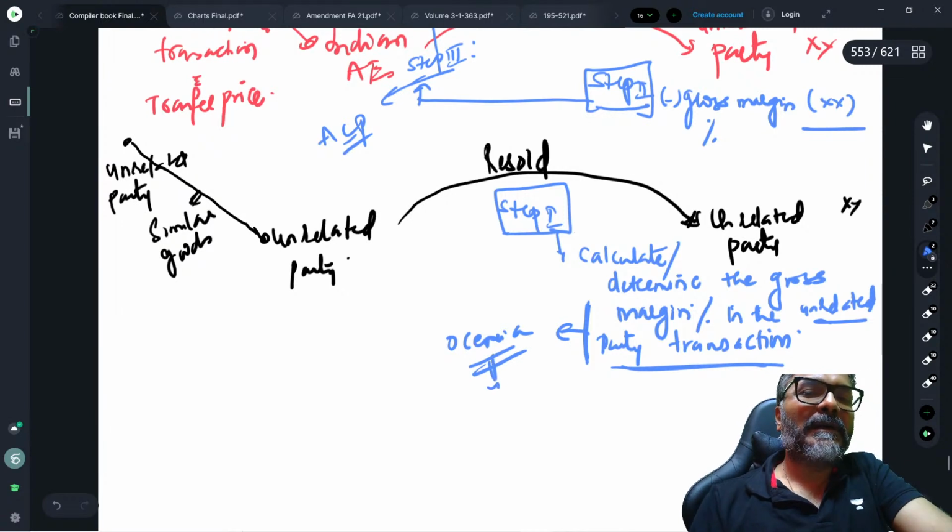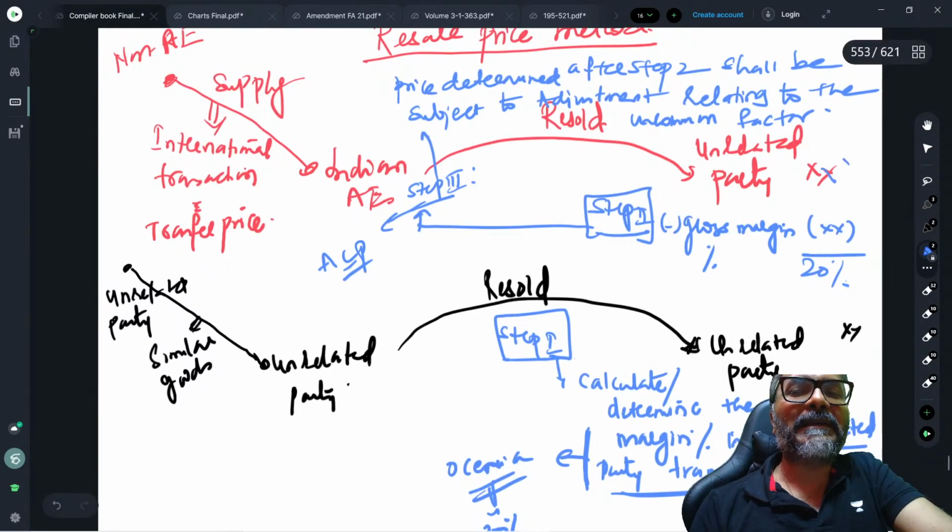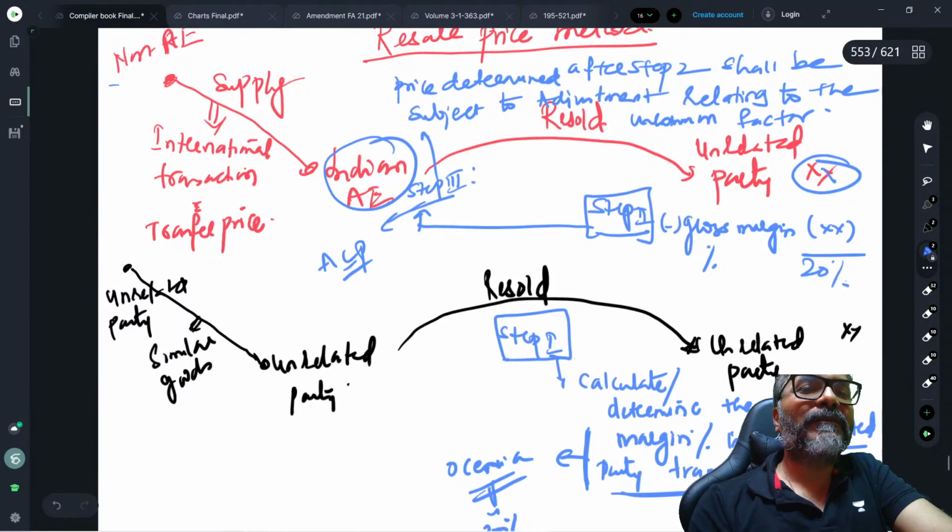So what is the percentage which would be considered? 20%. And this 20% would be reduced in step number 2 against the reselling price of the goods which Earth has purchased from Sun.